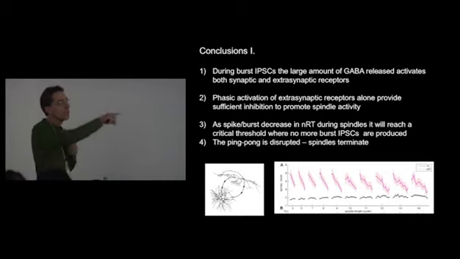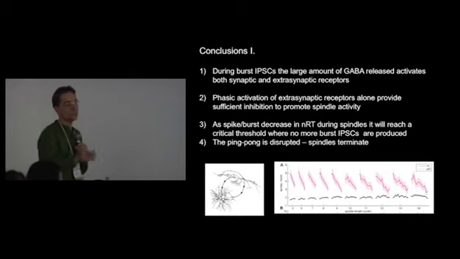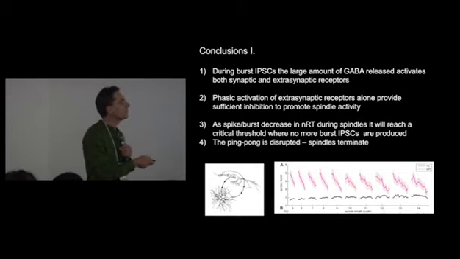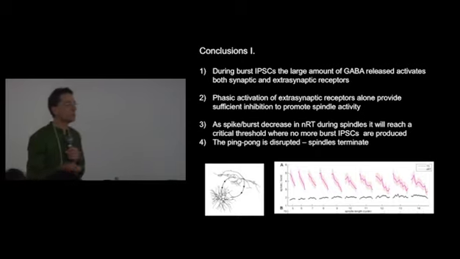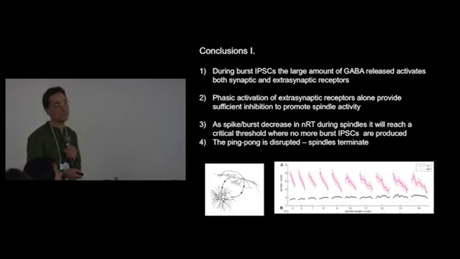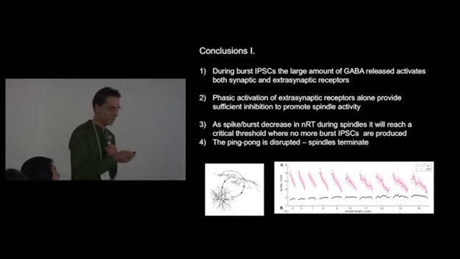As I showed you, this will be a huge drop in the inhibitory conductance, and as a consequence, there will be a critical point when the TC cell will not receive a sufficient amount of inhibition to produce a rebound burst, and this is the time when the spindle is terminated.